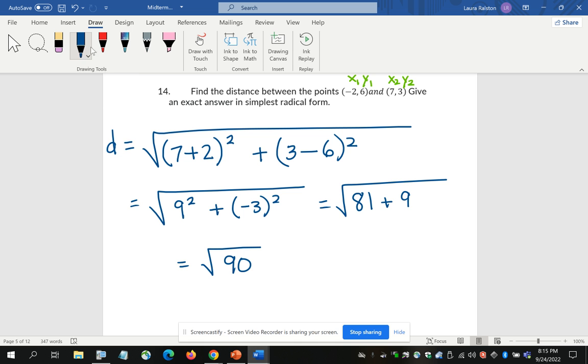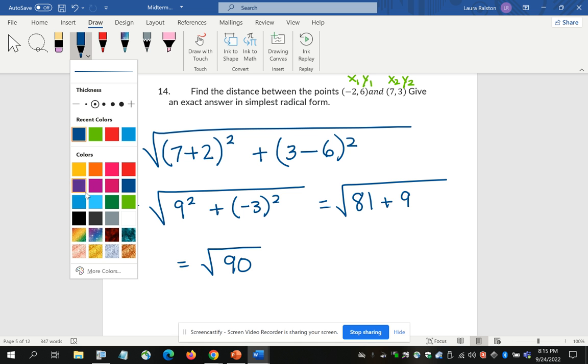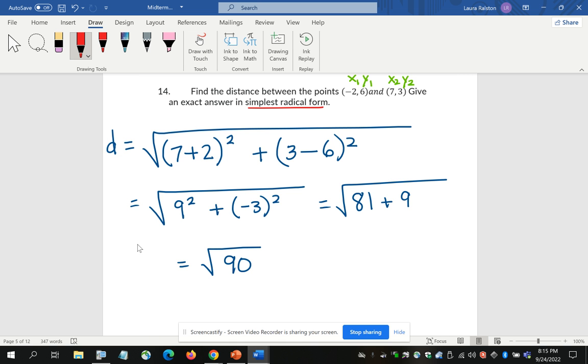And then we need to simplify the radical. You always simplify your radical. It also tells you to do that in the problem. So 90, as we saw earlier, is 9 times 10. 9 is 3 times 3, and 10 is 2 times 5.